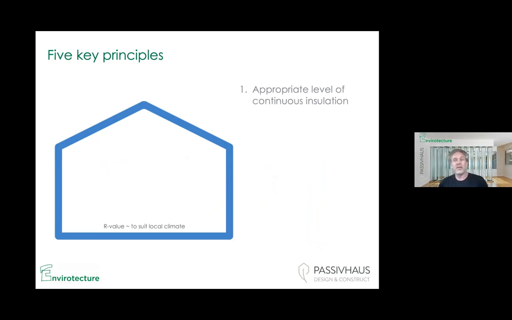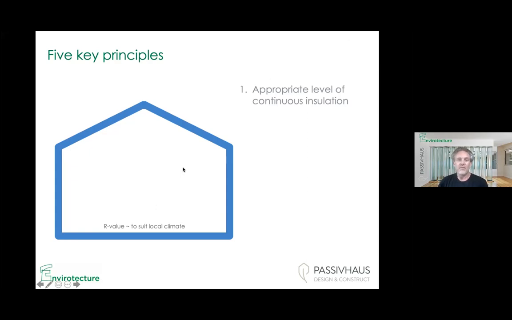So the benchmarks are the same wherever you are, whether you're in Sydney, Melbourne, Darwin, Berlin, Antarctica, anywhere in between. The benchmarks are the same, and therefore the solutions can be wildly different because obviously your climate's wildly different. A building in Darwin should look wildly different to a building in Berlin. But the way that we make them work is the same every single time.